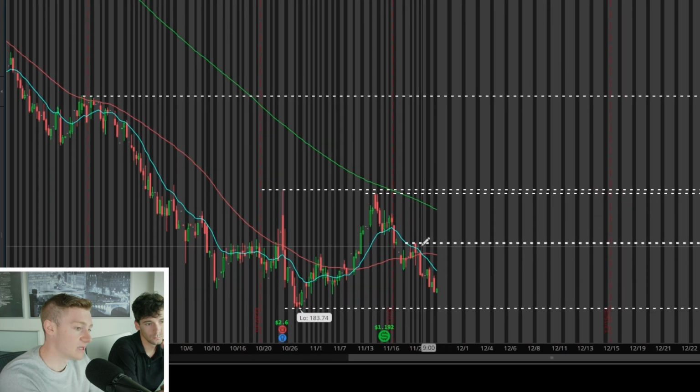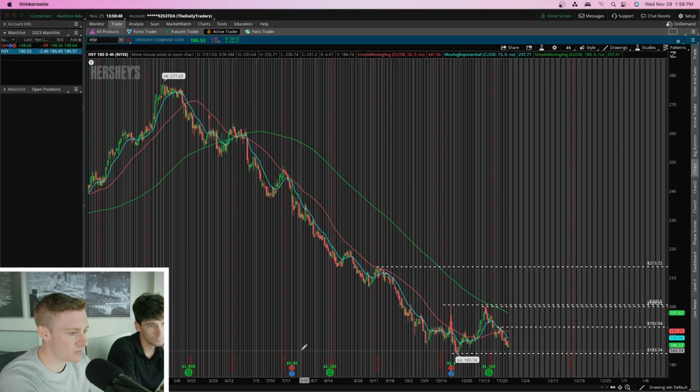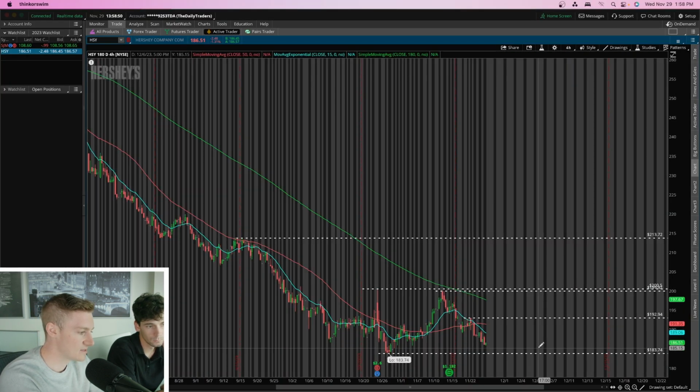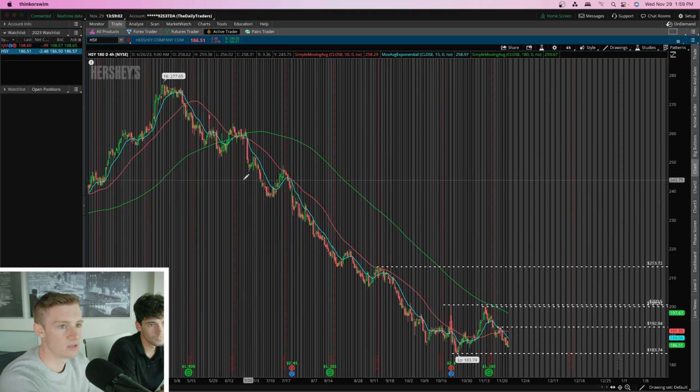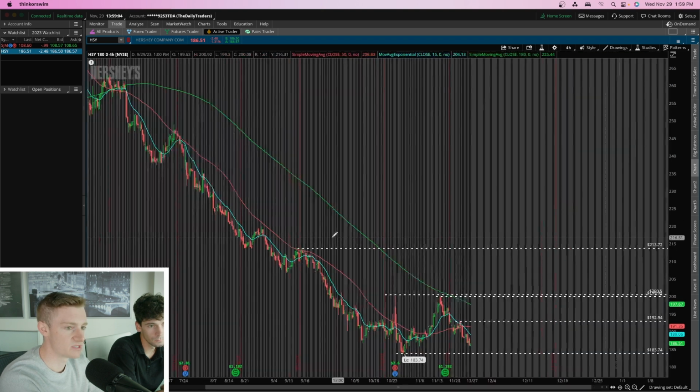And I wouldn't say there's any clear levels of resistance overhead where I'd be too confident in setting my stop loss. We're trading pretty close to that low. But again, for the purpose of this video, the idea is to find that stop loss and take profit and run it through the Analyze tab. So let's just say theoretically, even though this is not a trade that I would take, because I don't think the pullback play setup is presented anymore.